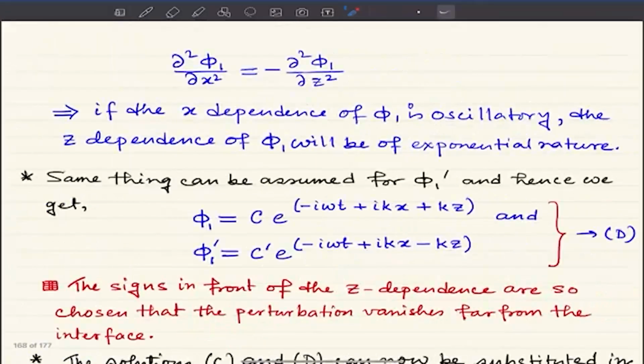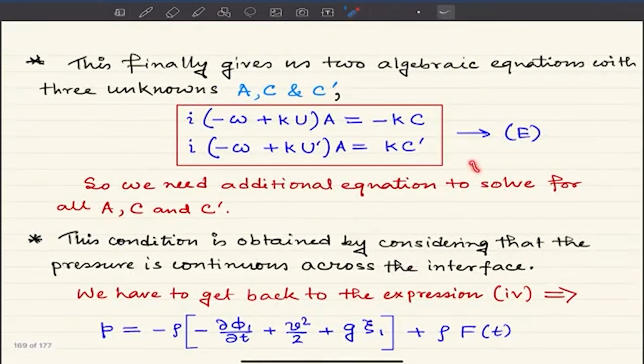Then, using all these, we got these equations, but we have two equations and three unknown constants. So we cannot completely eliminate the three constants, and we need an additional relation between A, C and C prime.